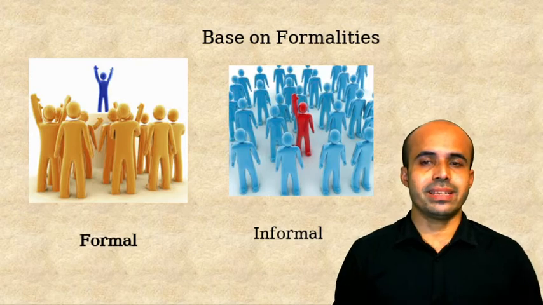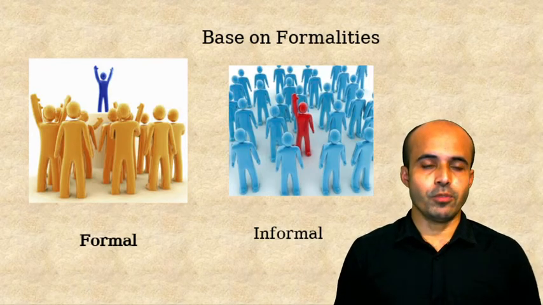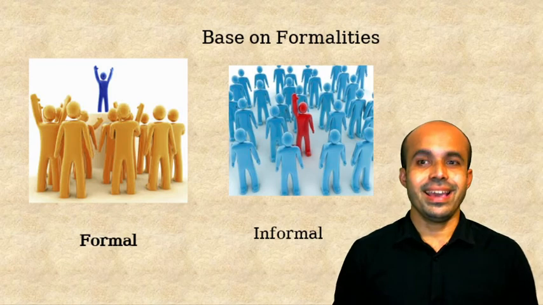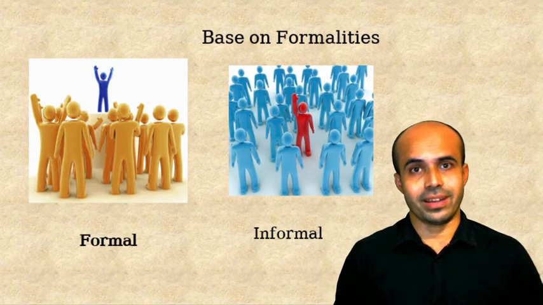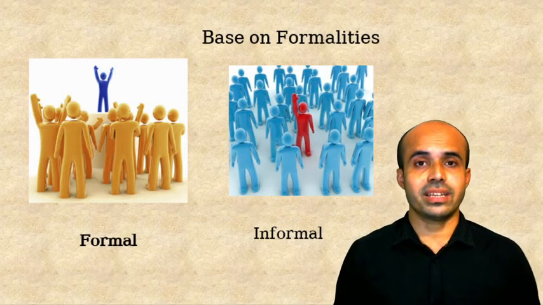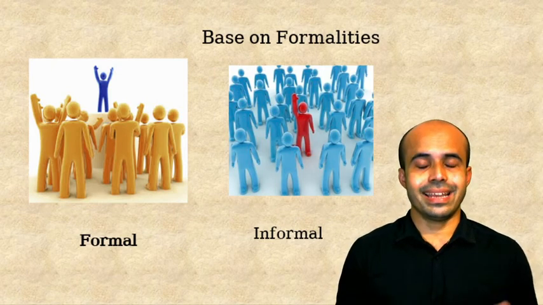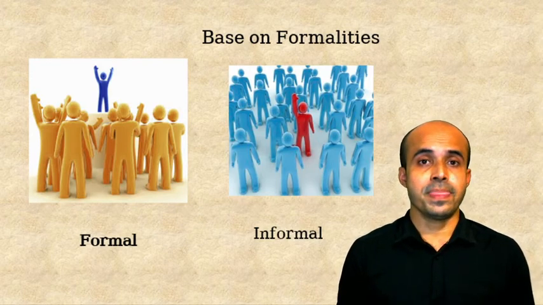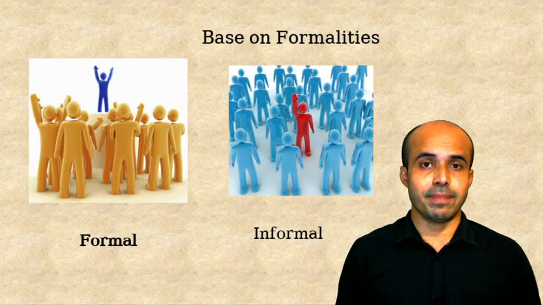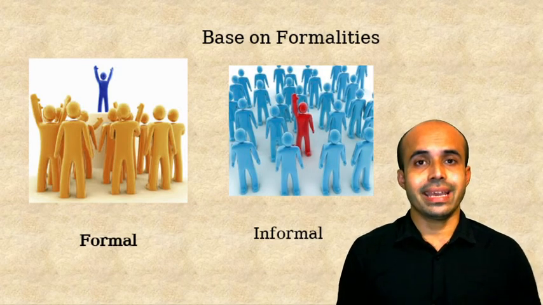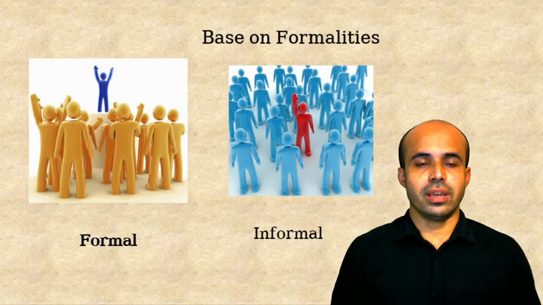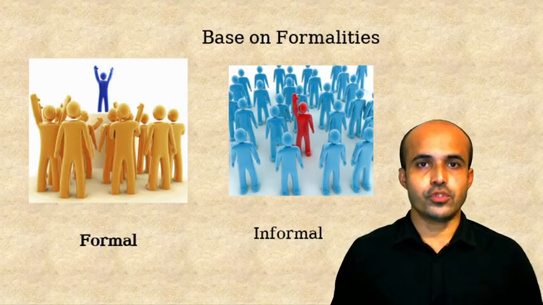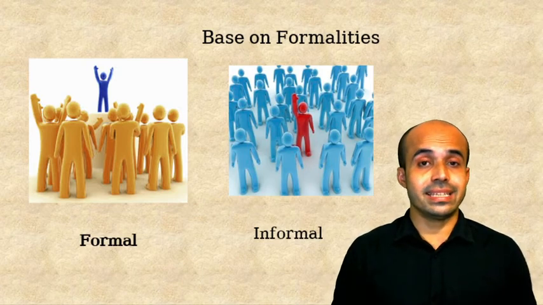Based on formalities, there are two types, the formal and informal. What is informal leadership, and what is formal leadership? You know that formal leadership is always created and facilitated by the company's authority and management. Any organization can make a post for the leader to ensure his leadership.